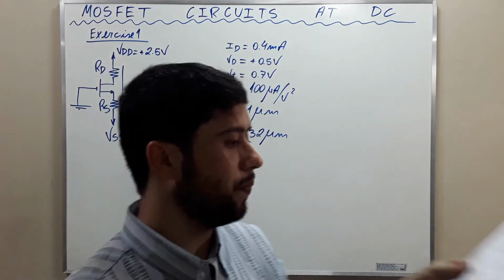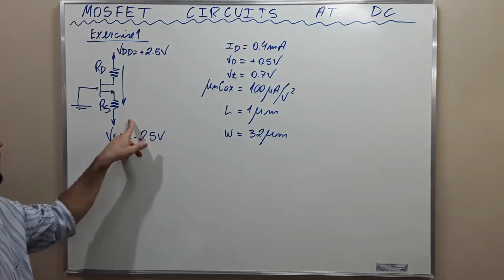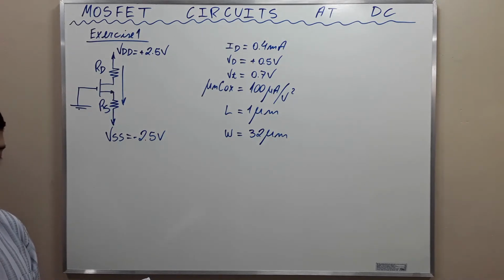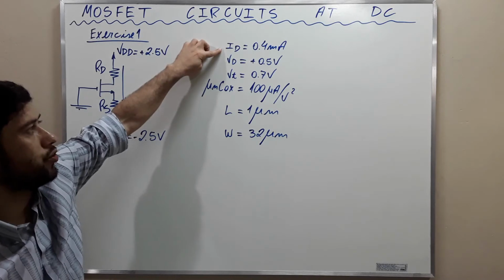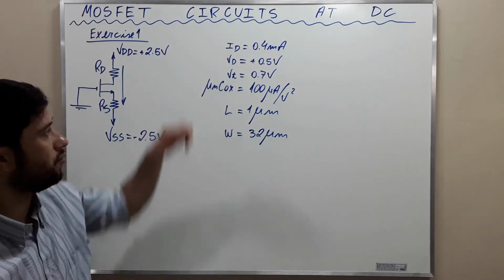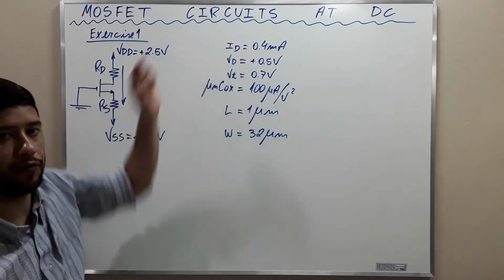Exercise number 1. Design the circuit of the figure so that the transistor operates at ID equal to 0.4 milliamperes and VD equal to positive 0.5 volts.